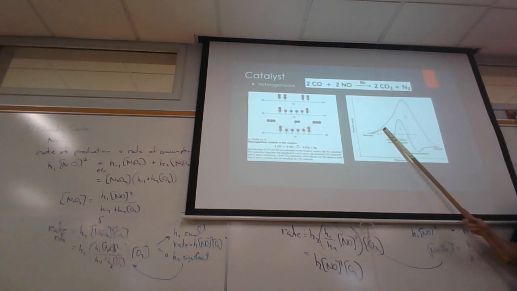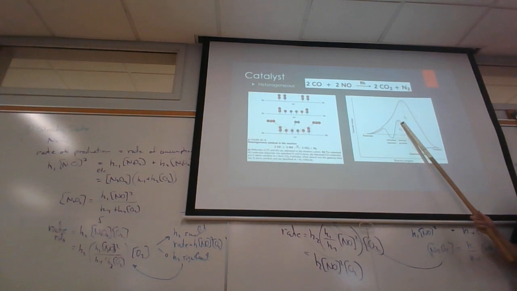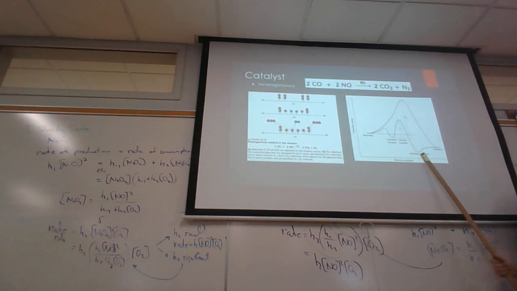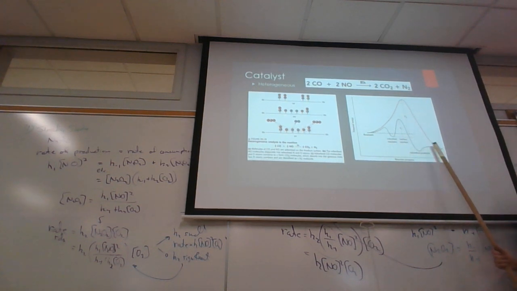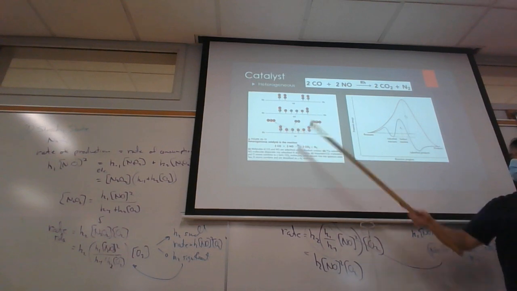So the alternate mechanism is adsorption here, which forms something somewhat stable. And then surface reaction here, where they come together and react. And then desorption here. After they react, the electronic environment changes and they can desorb off the surface.